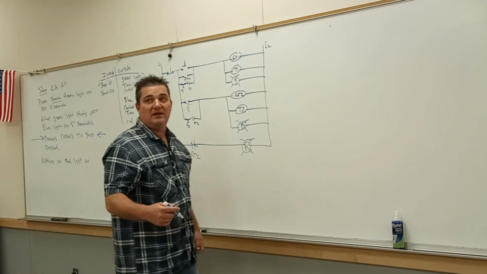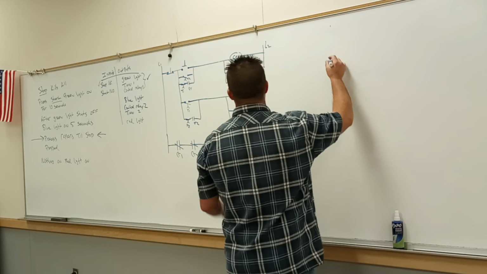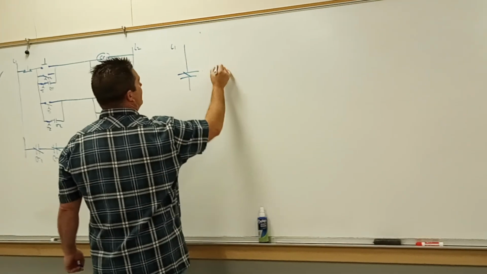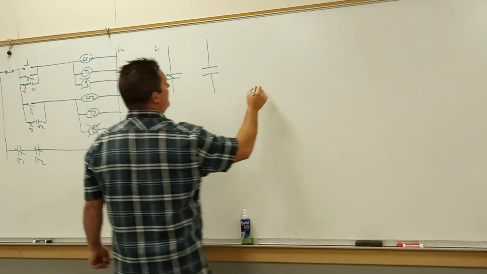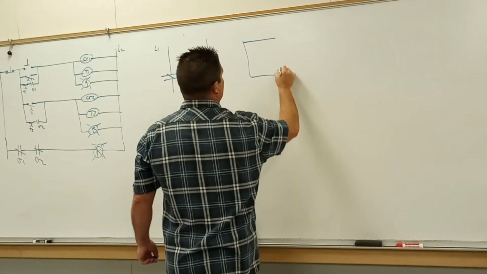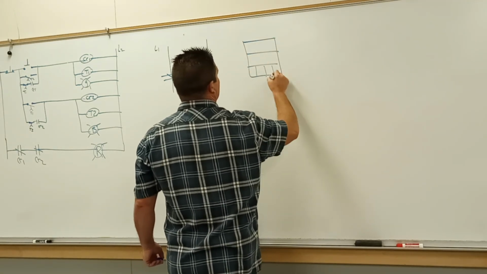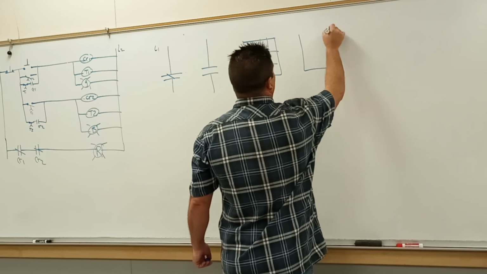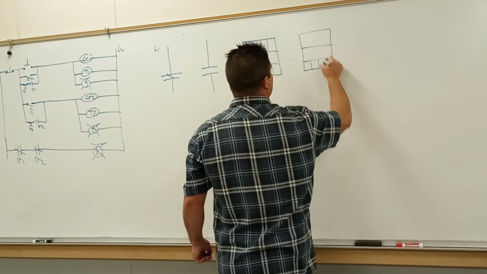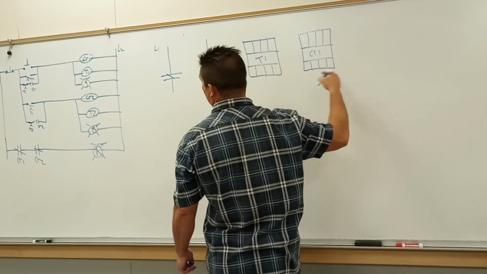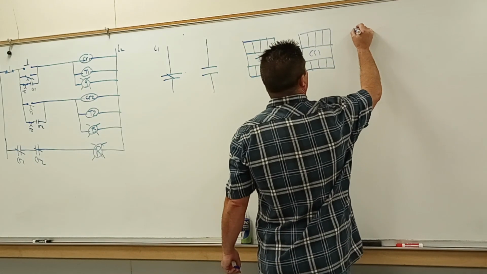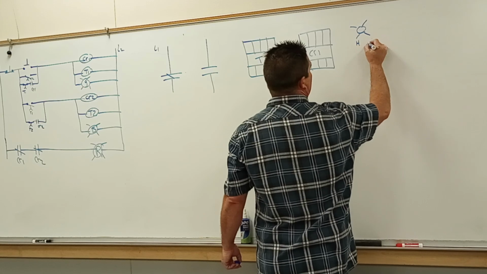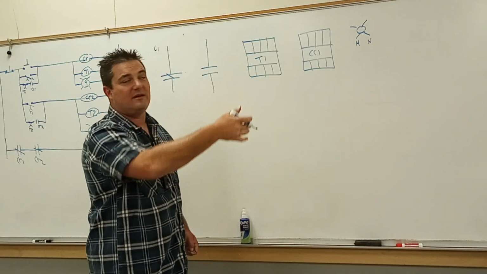So if we're going to draw our parts up and go with all of our connections, we have our stop button. So we have our L1. We have our stop. We have our start. T1. Control relay 1, and we'll have our green light, put it right here. And remember, you're going to have hot and neutral, ungrounded and grounded conductor.